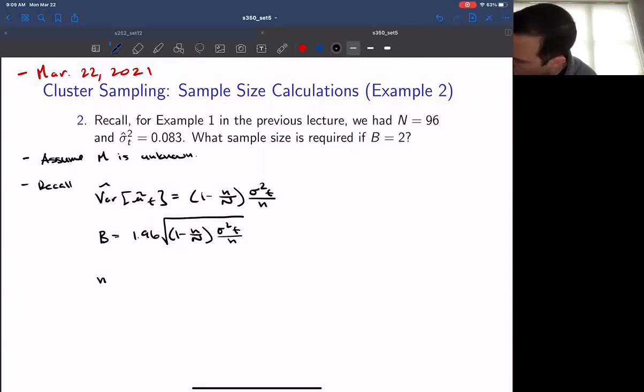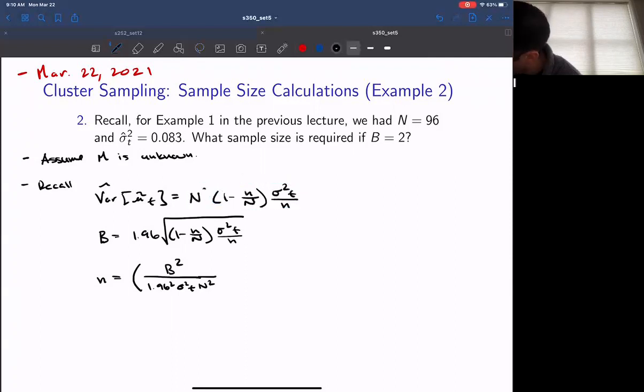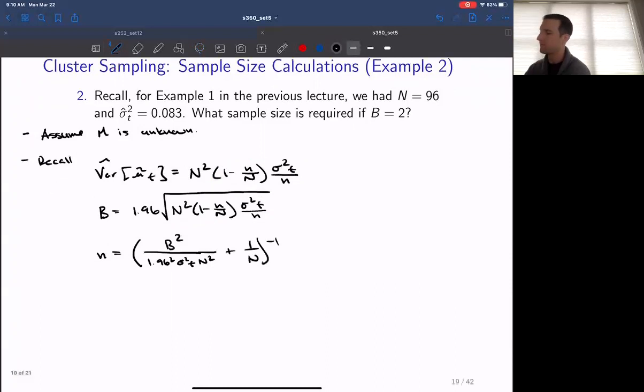So it's pretty easy to show, following what we've done before, that n becomes the bound squared divided by 1.96 squared sigma squared t multiplied by N squared, oh yeah, missing an N squared here, plus 1 over N, inverse.